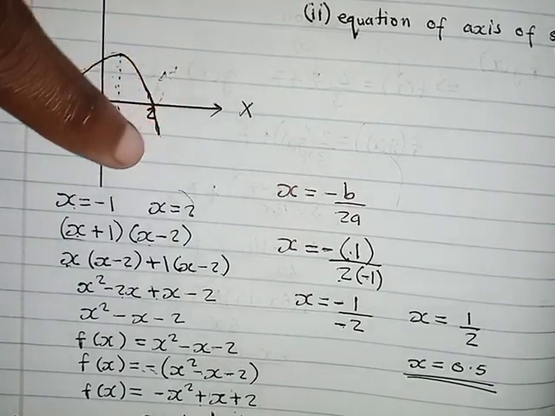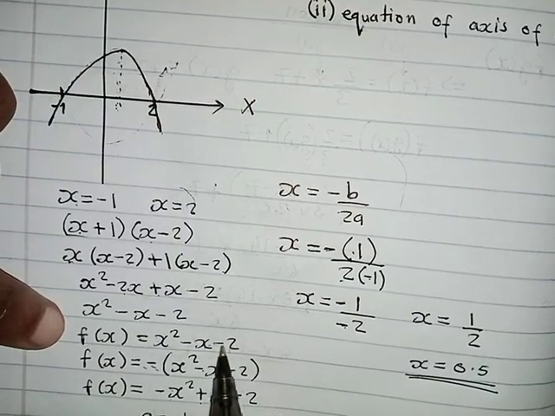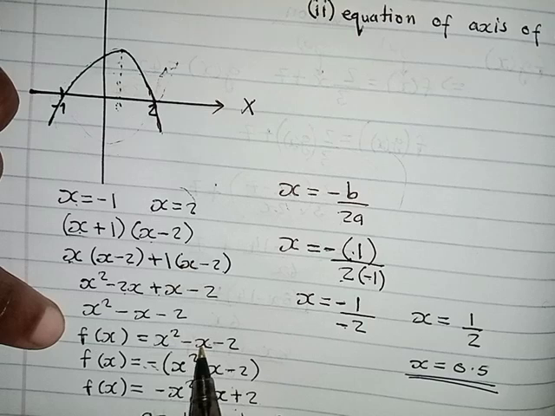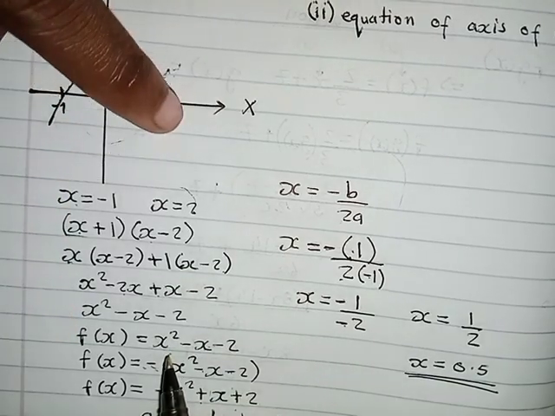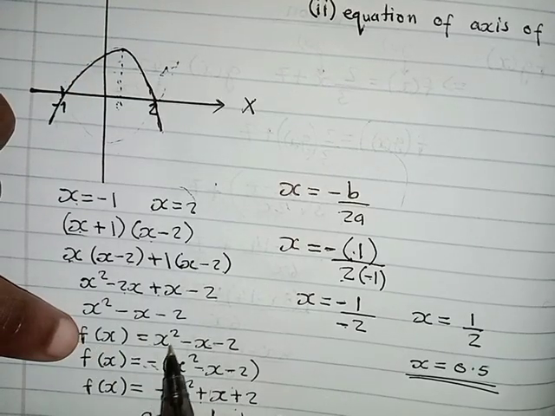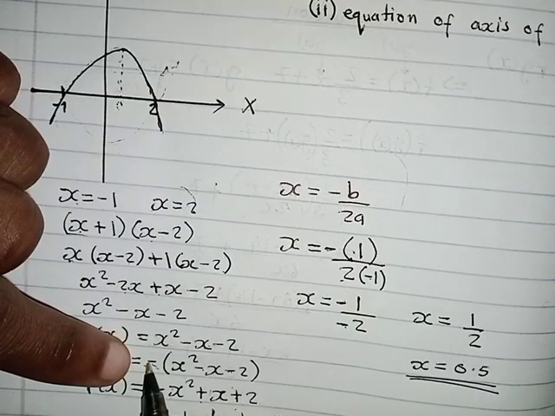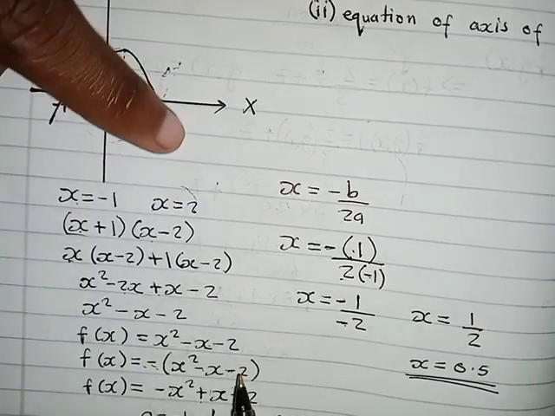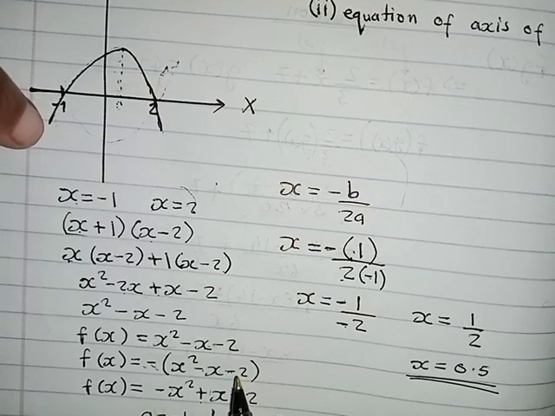So when you have such a quadratic curve, you just have to get this one as your final answer, x squared minus x minus 2. But when you've seen that the quadratic curve is facing upwards like that, you have to continue from here. You introduce parentheses and multiply your function with a negative so that you should get the results of the maximum point.